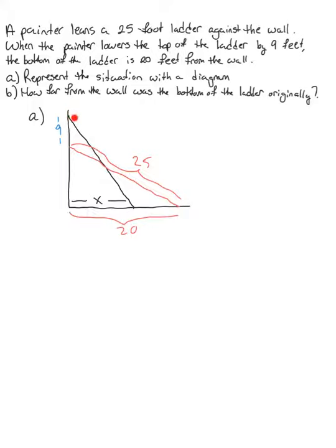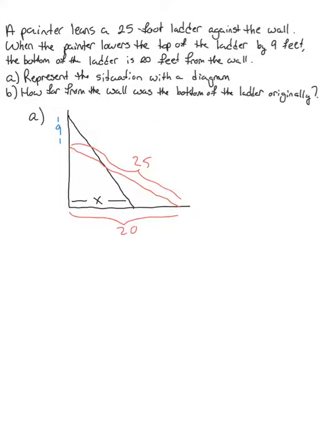If we can figure out the length here, then we can use the Pythagorean theorem to figure out the length here. And since we know this little bit here, we can add it to the 9 to get that length. So we know this side and this side, so we can find this side. So let's start with that.